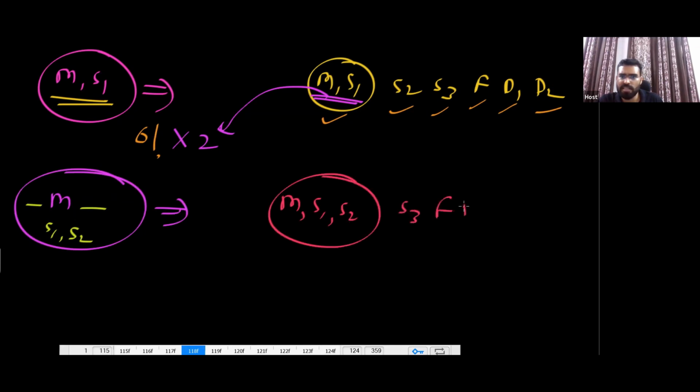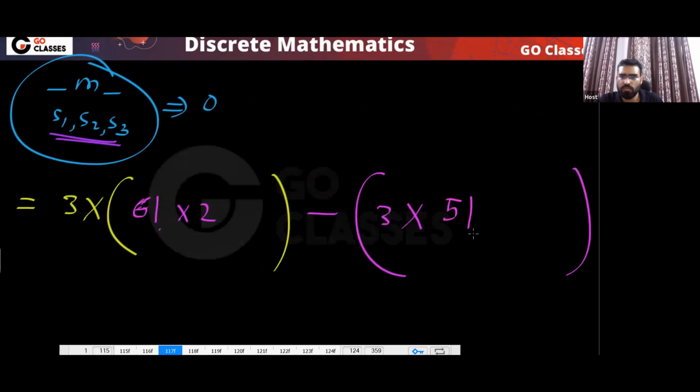The remaining is S3, F, D1, D2. So that will be 5 factorial multiplied by how many for them? Only 2, because remember, mother should be in the middle. So that will be 5 factorial into 2. This will be your answer.